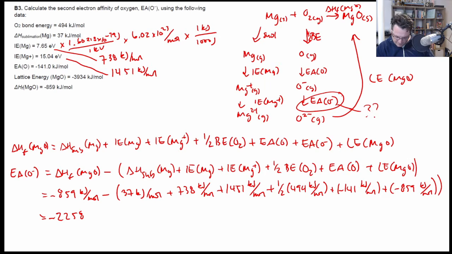Negative 859, 37, 738, 1451, half of 494, negative 141, negative 859.